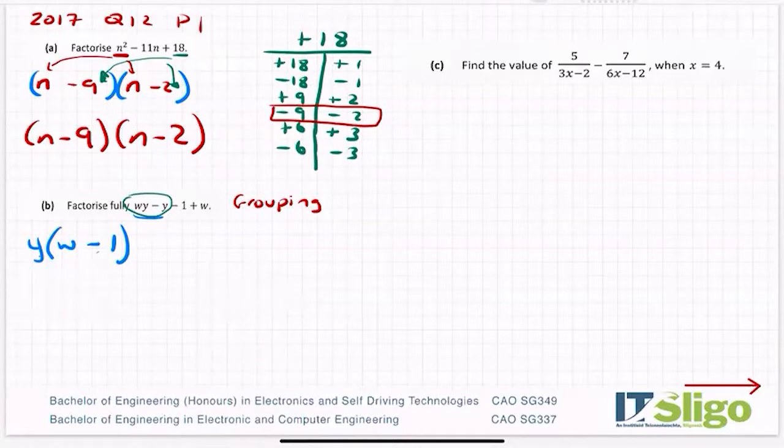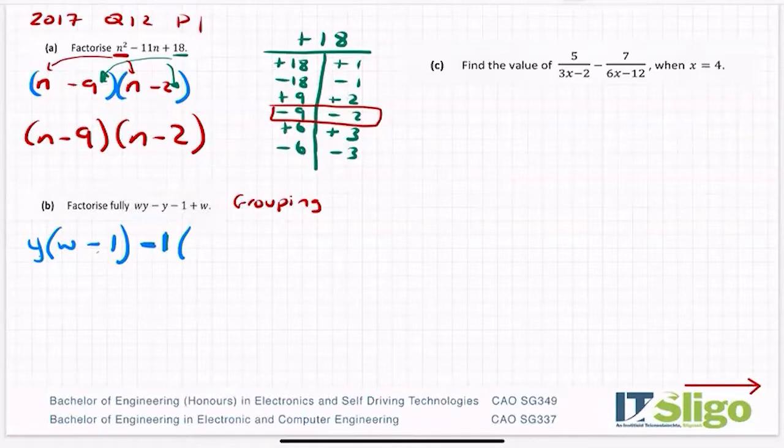Now, we take the next pairing together, the minus 1 and the plus w. So I'm going to take minus 1 outside first. I'm doing this incorrectly now, just in case you've done something different. I'm doing it incorrectly to show you how to figure out how to fix it if you do it wrong.